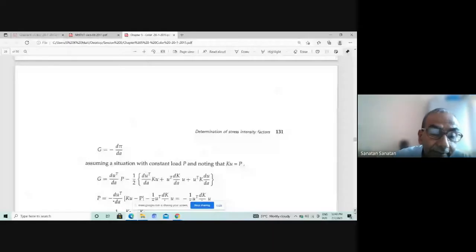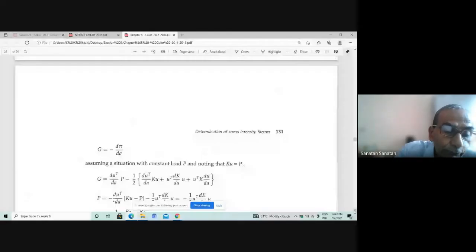Yeah, you see that if I now write the expression continued, it gives you G equal to du transpose dA P minus this product of terms, so you try to write the derivative in that form.